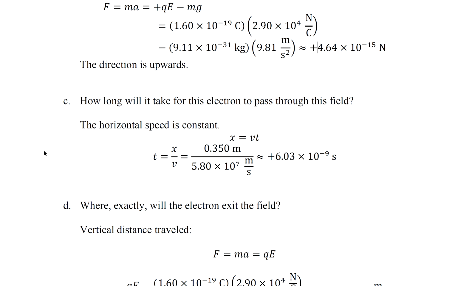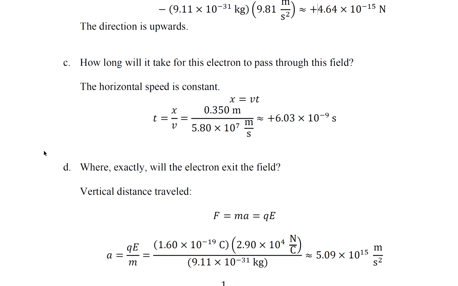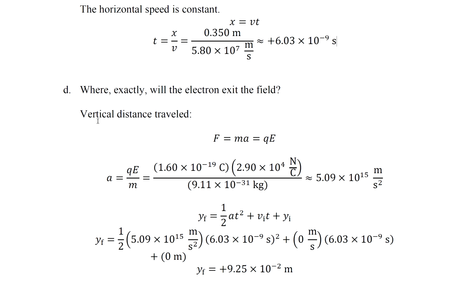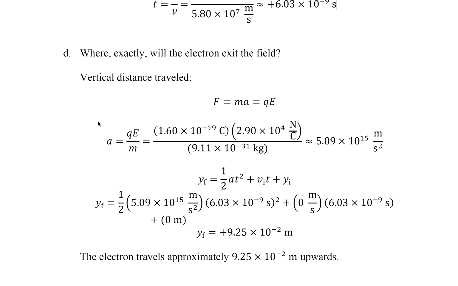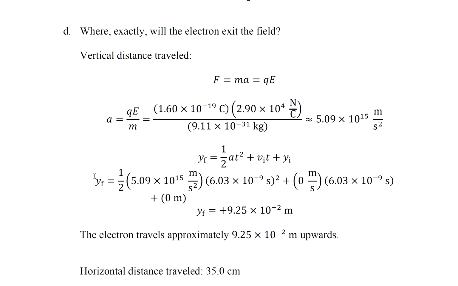Part C, how long will it take for this electron to pass through this field? So the horizontal speed is constant. So it's like this. Part D, where exactly would the electron exit the field? So this is the vertical distance traveled.